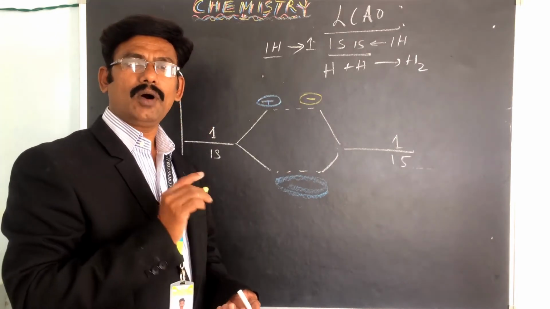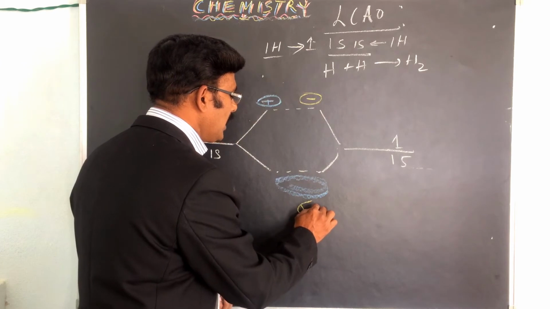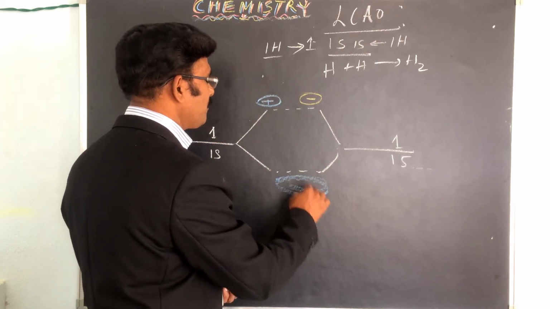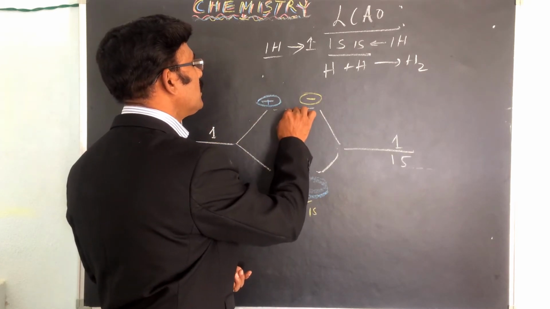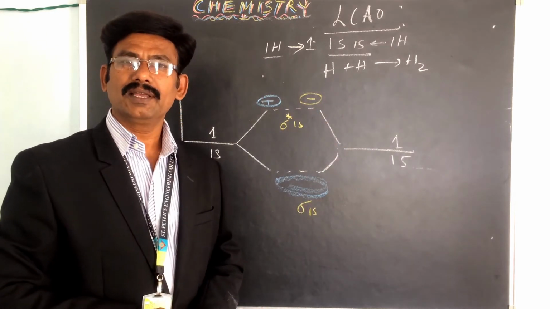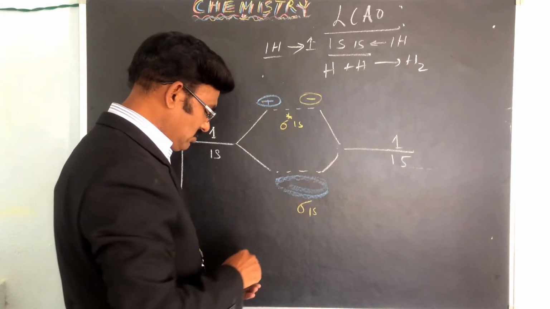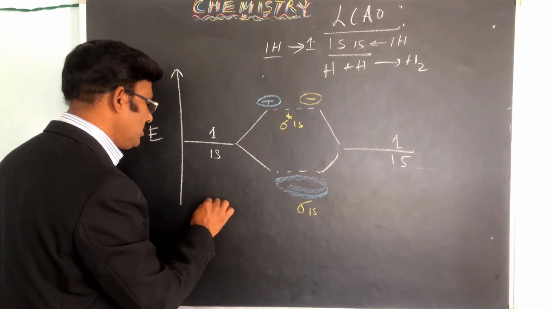So these two atoms, one is sigma s, one is sigma star. Here the 1s is called what? Atomic orbitals.